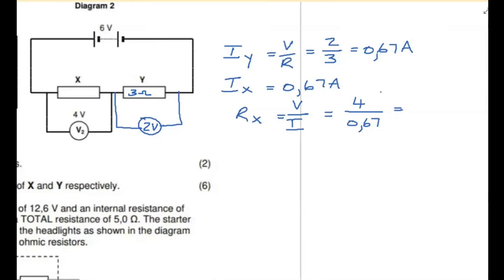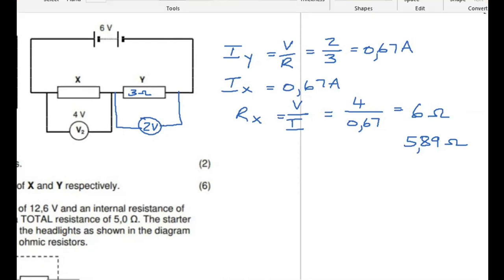And yes, if you don't use a rounded answer, you get 6 ohms. If you do, I think you get 5.89 if you use the 0.67. 4 over 0.67, 5.97, sorry. So that comes to 5.97, yeah.